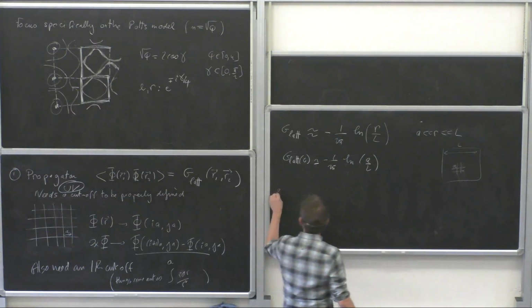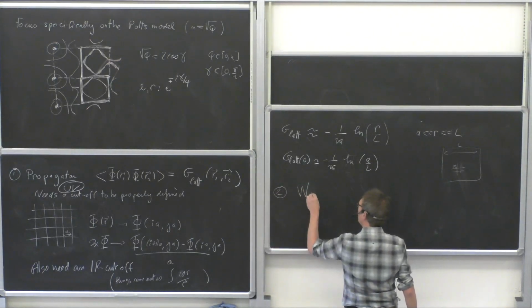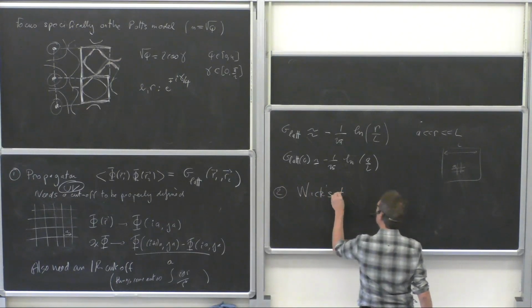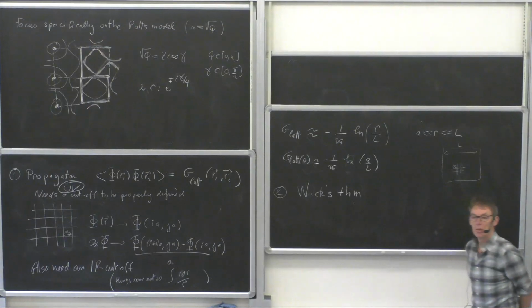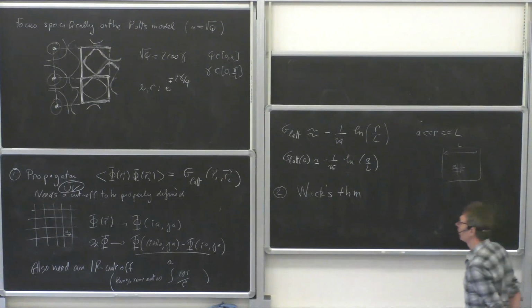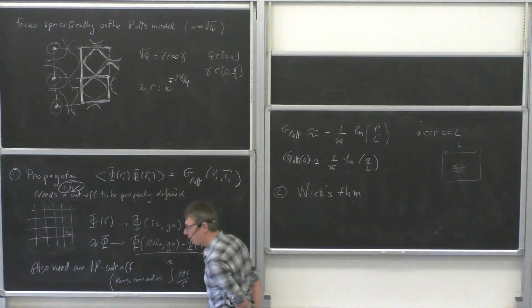The second step, once you have the propagator, is to use what's called Wick's theorem, which I assume also everybody knows, but I'm going to remind you what it is in this context.